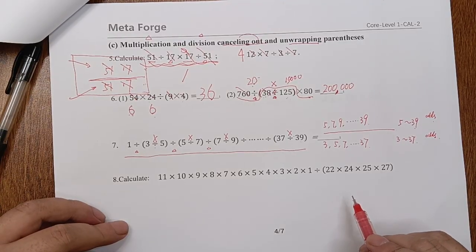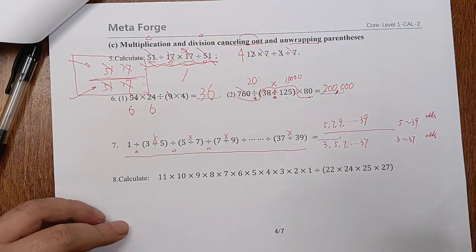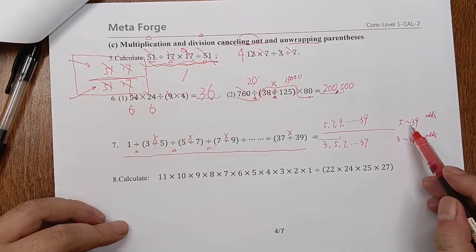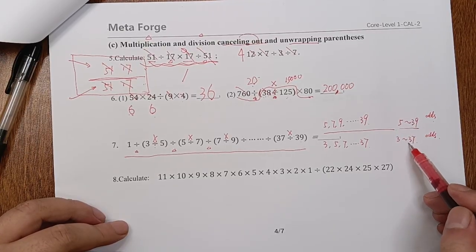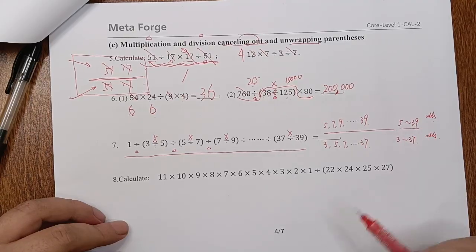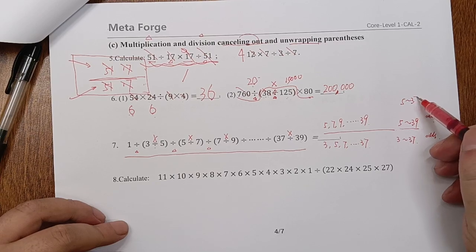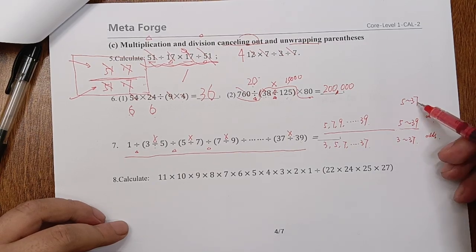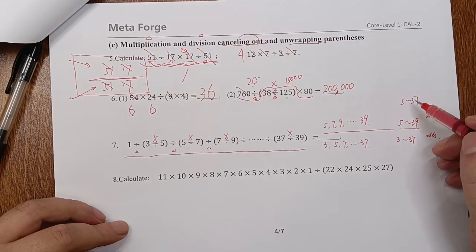Cancel out. Erase the same part. The same part of these two groups is 5 to 37, the odd numbers are the same part of them. Yeah, erase them.